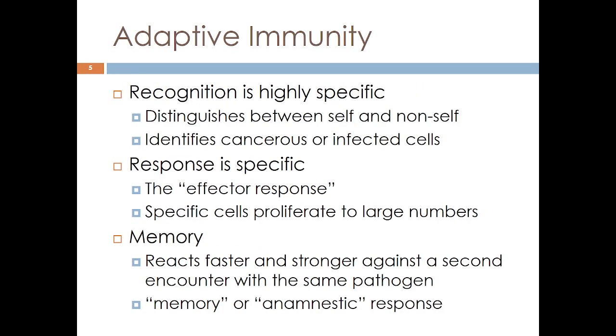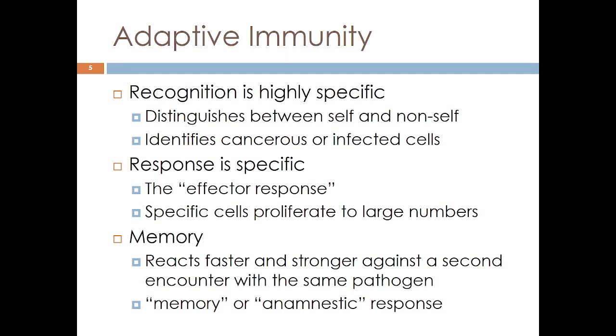Now, the recognition aspect is highly specific. So where the innate immune response will say, well, that's non-self, let's make mucus, the adaptive immune system will say, okay, that's non-self, but what else is it about the specific pathogen that makes it immunogenic? Let's talk about that. It'll also be able to identify cancerous or infected cells and destroy them.